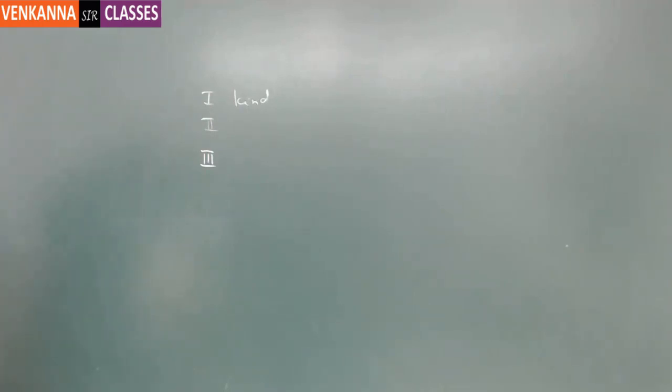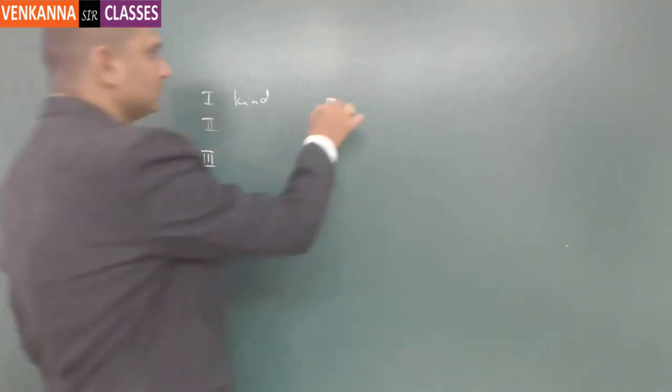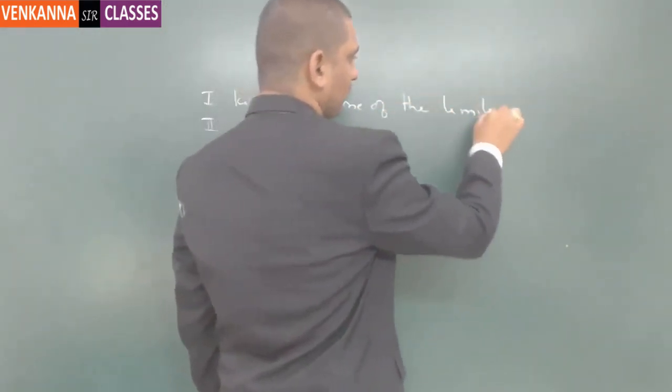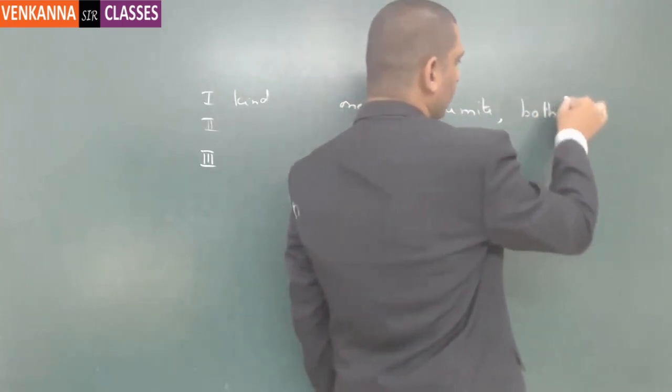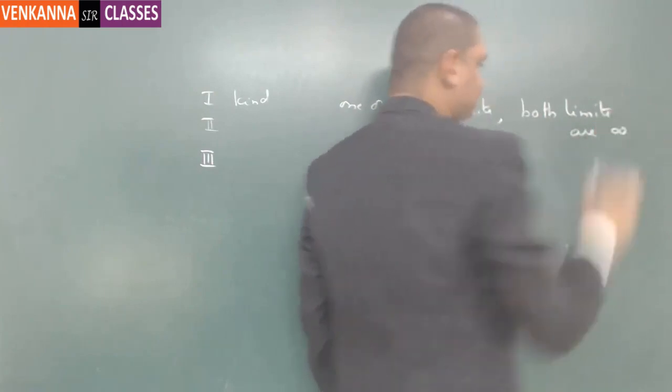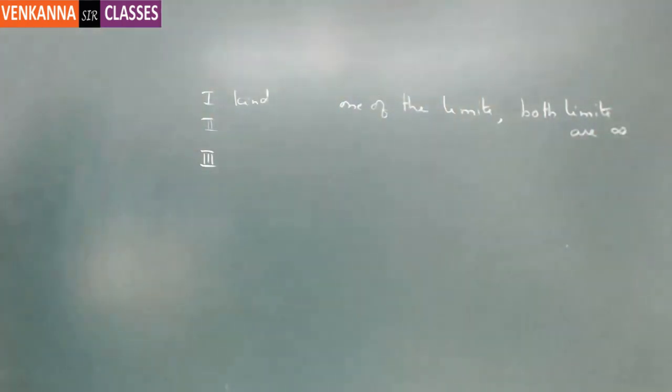In this, we say the improper integral has one of the limits or both limits undefined. So in the integral a to b, either a is undefined, say minus infinity, or b is undefined, infinity, or both are undefined, minus infinity to infinity. That is called the first kind.